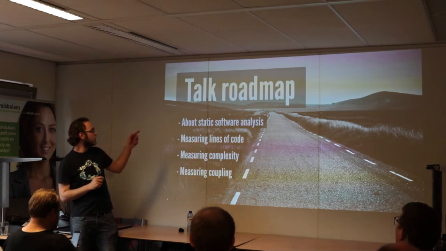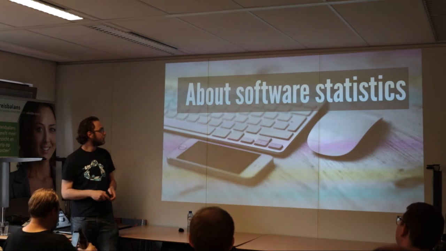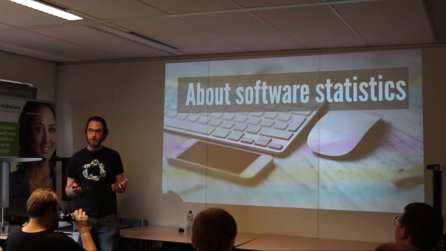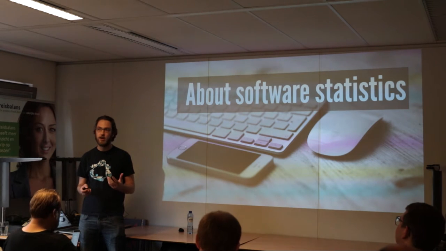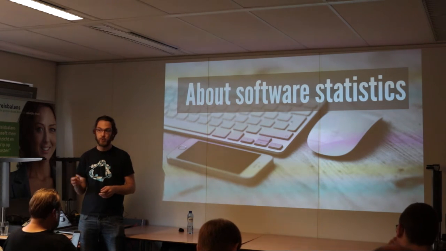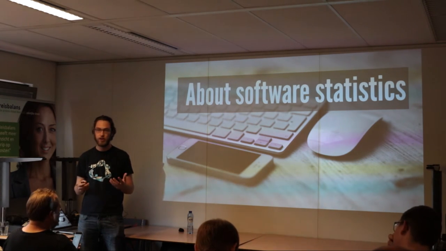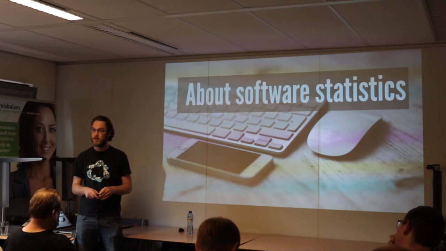I have a small roadmap. I'm going to talk about software analysis, measuring lines of code, complexity, and coupling. But first, something about it. Software statistics are actually a scientific thing that was being developed when software development was still in its earlier phases, from the 70s till some parts in the 90s.